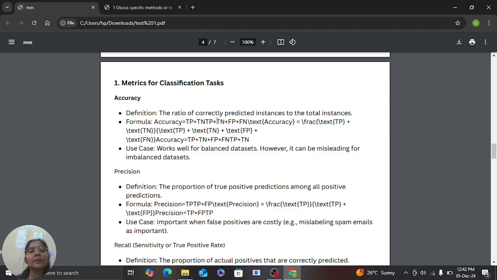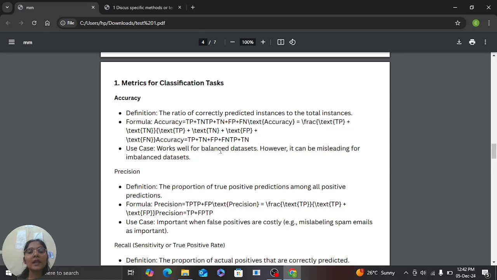These are terms related to the predictions which we make over the data set. We calculate this on the basis of this formula, and whatever the result we get is considered the accuracy for the metric calculation.